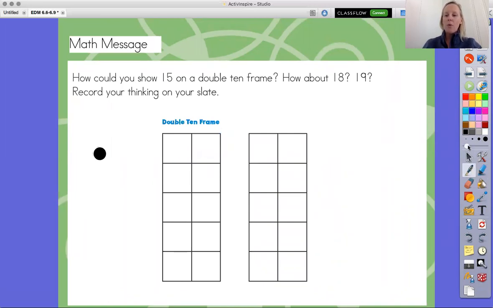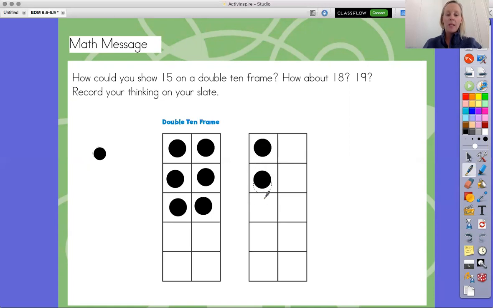For instance, I could show 15 on a ten frame like this. 1, 2, 3, 4, 5. Let me put 6 over here, get that one partway full. So there's 6, and then 7, 8, 9, 10, 11, 12, 13, 14, 15.